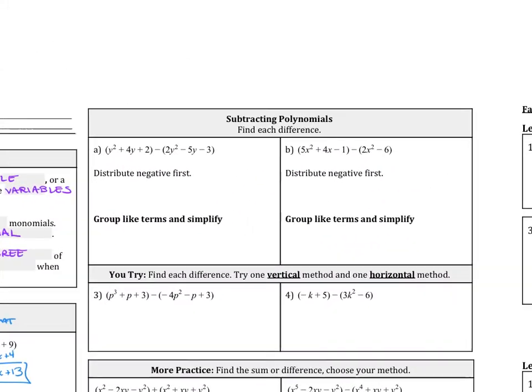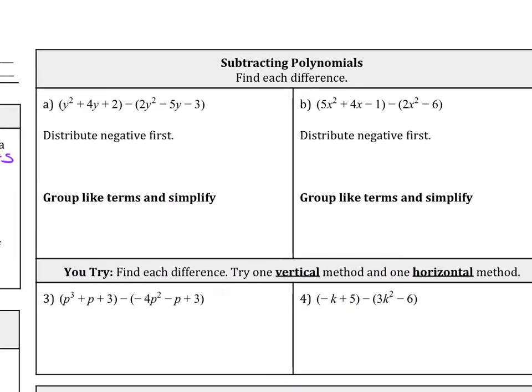Now let's subtract polynomials. It's very similar to adding. Now the only thing you need to do is distribute the negative first to make sure that we don't miss that. So I'm going to rewrite that first of all. So this becomes a negative 2y squared, negative 5y becomes a positive 5y, and this becomes a positive 3. Then I'm going to go ahead and rewrite this one here below it.